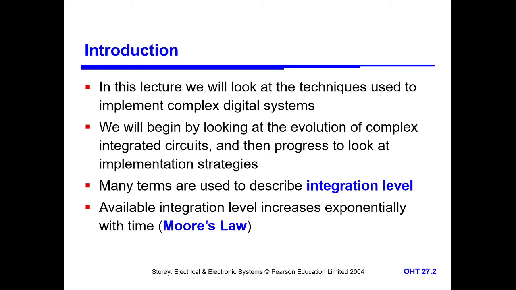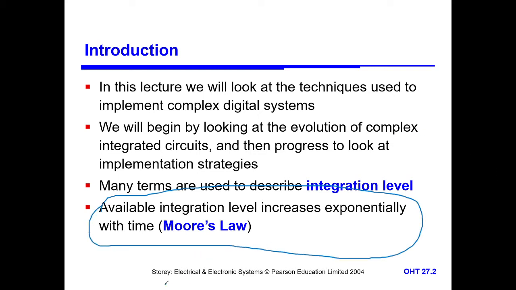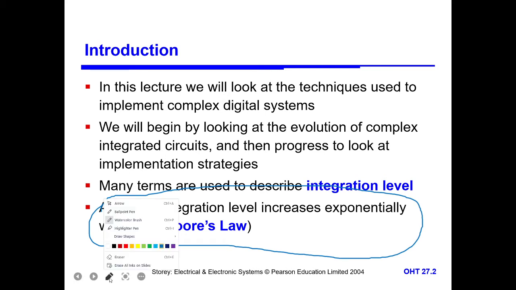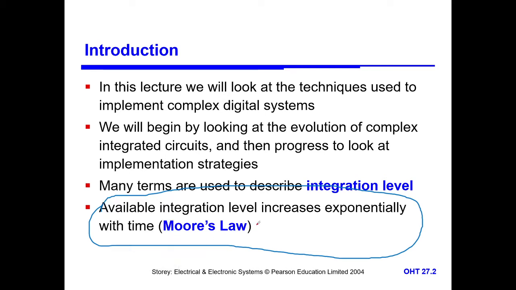In this microelectronics era, we have been getting each and every digital system in a small size due to one important law, that is called Moore's law. It's very important.